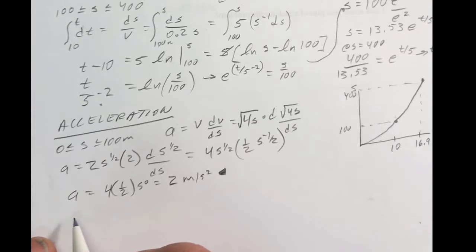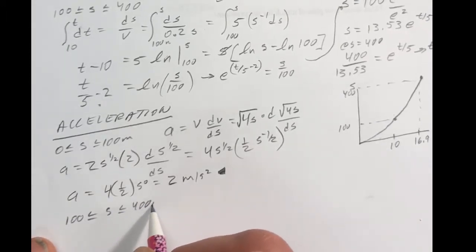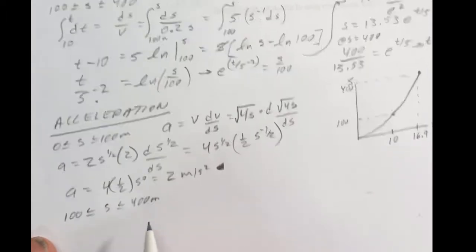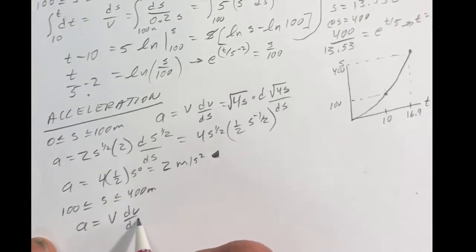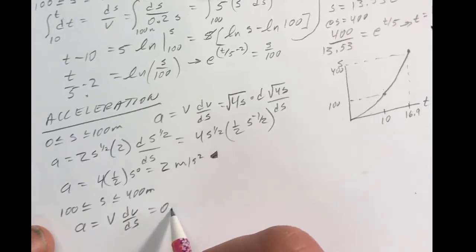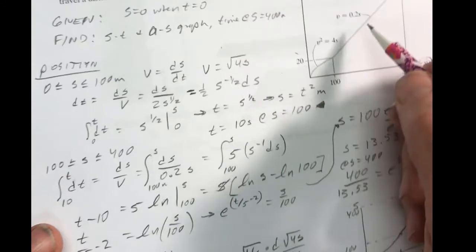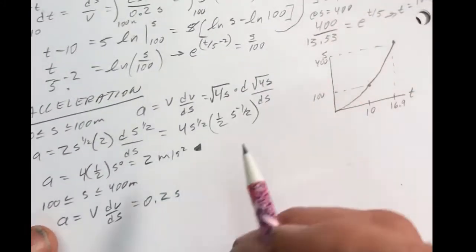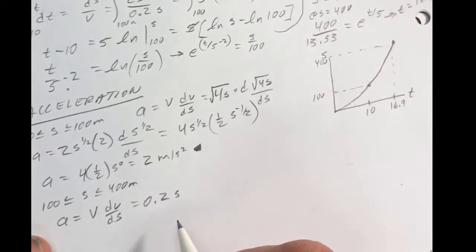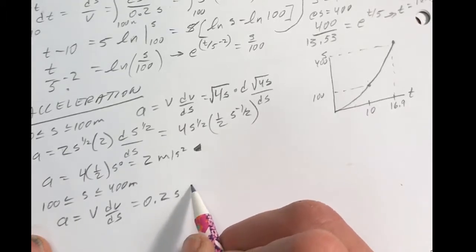Now let's find the acceleration from 100 to 400. Again, we're going to look at our function. We're going to have a equals v dv ds, and velocity equals 0.2 s, because our velocity is from up here. And dv ds, the derivative of that, is 0.2.